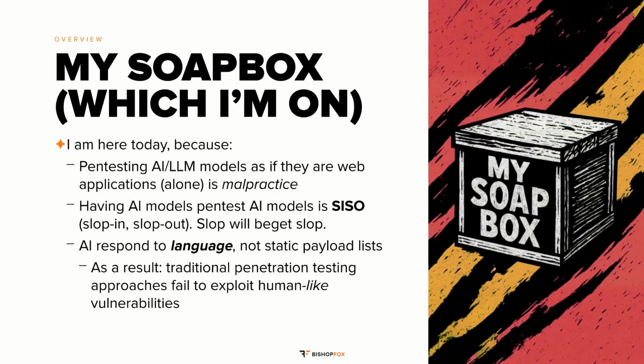AI responds to language, not to static payload lists. As a result, traditional penetration testing approaches, such as automation, plugging payloads into Burp and hitting that Intruder button, fail to exploit the human-like vulnerabilities that underlie these things.